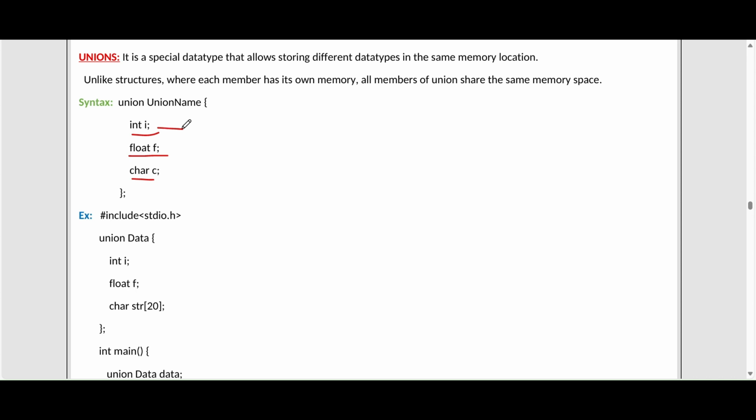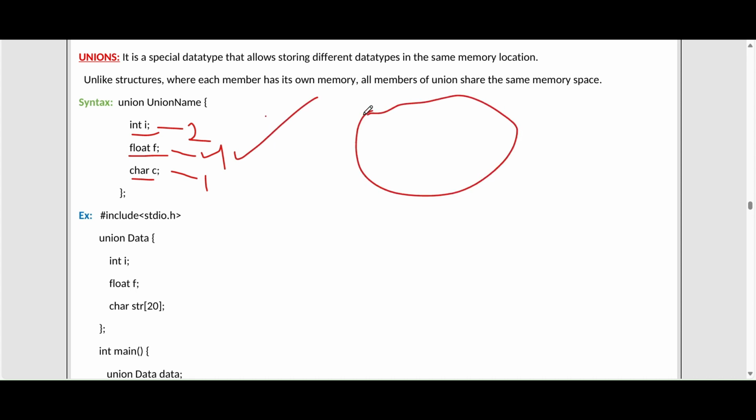As we all know, int takes 2 bytes, float takes 4 bytes, and char takes 1 byte. Which is highest in this? Float is highest, right? So in the memory, this highest number of bytes will be allocated for this union.